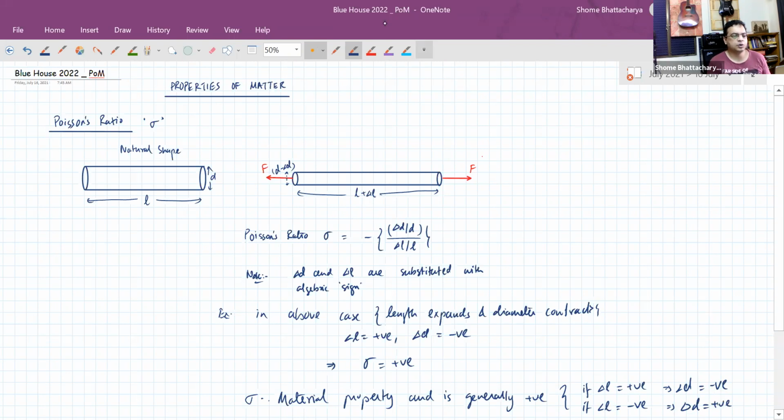However, the interesting thing about Poisson's ratio is that there are certain materials, both naturally occurring as well as artificially created materials, which have negative Poisson's ratio. They're very specialized materials.